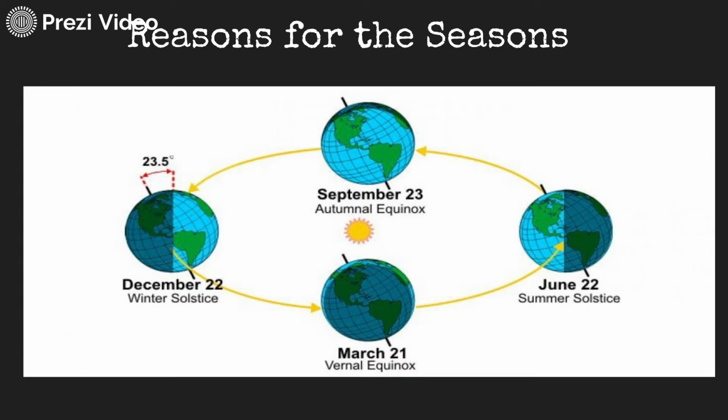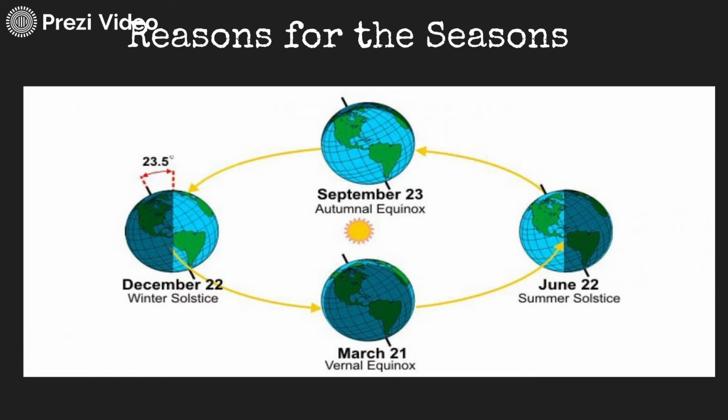Vernal is another word for spring. So in late March, we get the same thing that happens in the fall, which is we get about an equal amount of sunlight and darkness. So equal amount of time where we're facing the sun and we are away from the sun during the day. So about 12 hours of sunlight and 12 hours without sunlight.